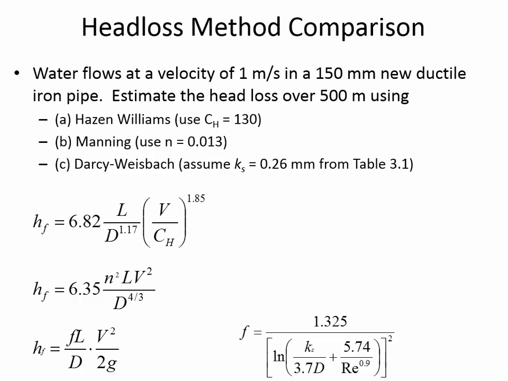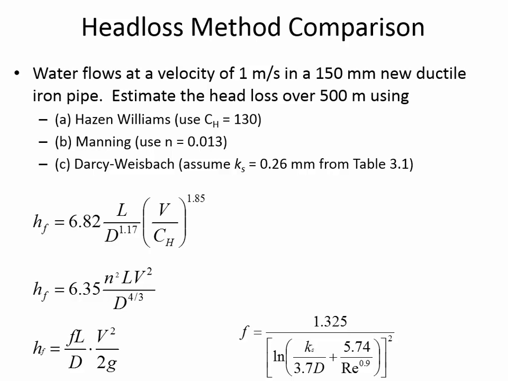Okay, when you're finished with the Jain equation, you should get that the f value is 0.0240. And this is a really good illustration. When you do these three methods back to back, it's a good illustration of why the Darcy-Weisbach equation is more accurate, because think about all of the effort that went into just finding the f value.